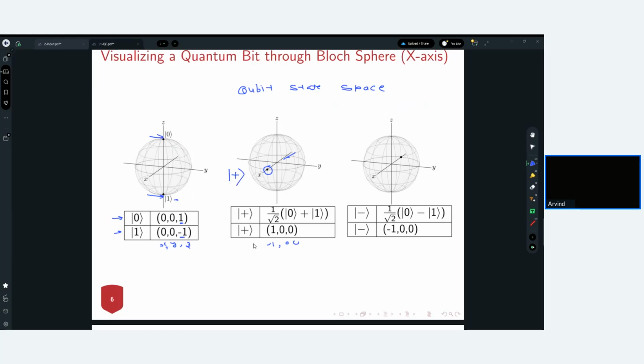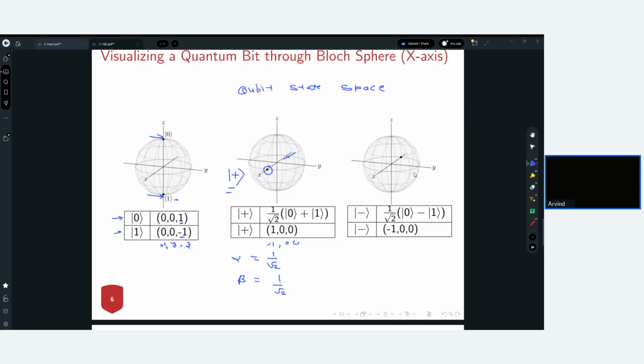It is a superposed state, not a pure state. Its alpha coefficient is 1 by root 2, and beta, the coefficient associated with the qubit 1, is also 1 upon square root of 2. This point is called the qubit plus.